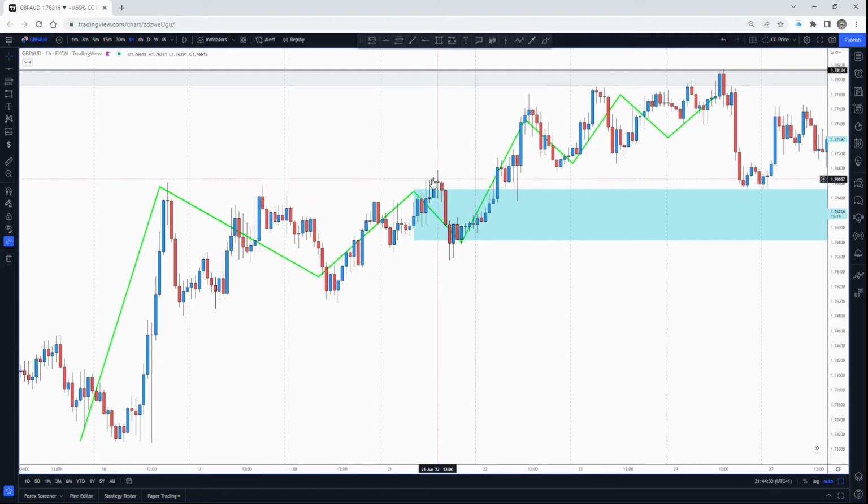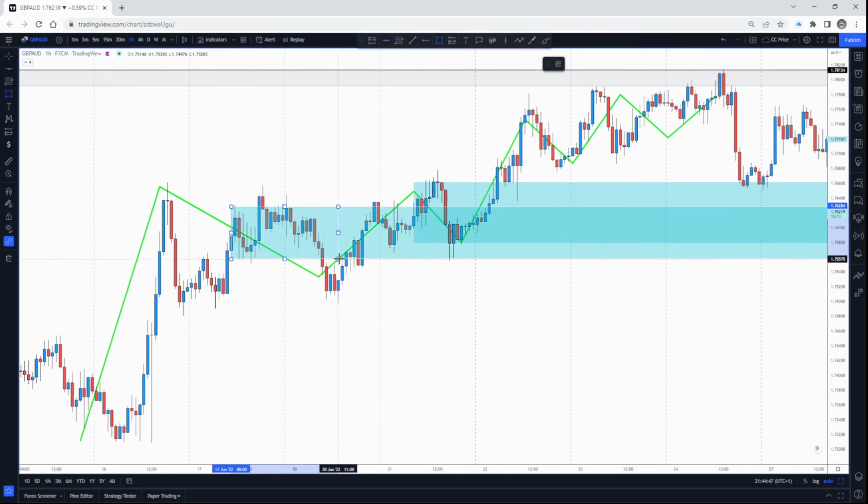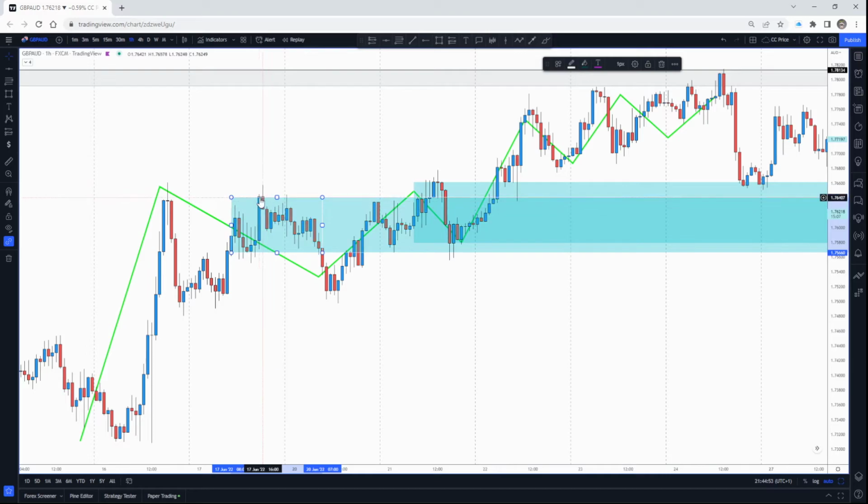I could lift this up to here, and I could drop this one down a little bit lower. That would be fine. I'll be absolutely fine in this case. But say it was over here and I was drawing my structure, I wouldn't want to lift it up to here, because to me that's a fake out.